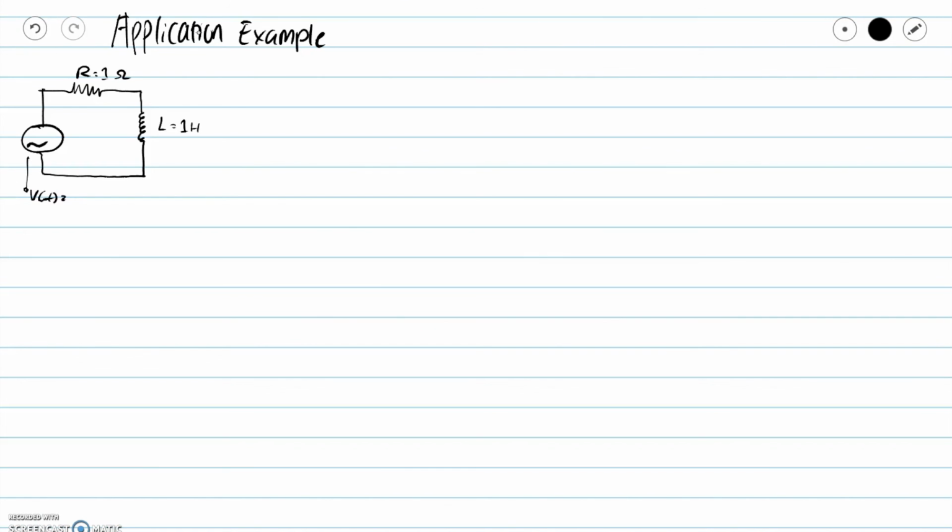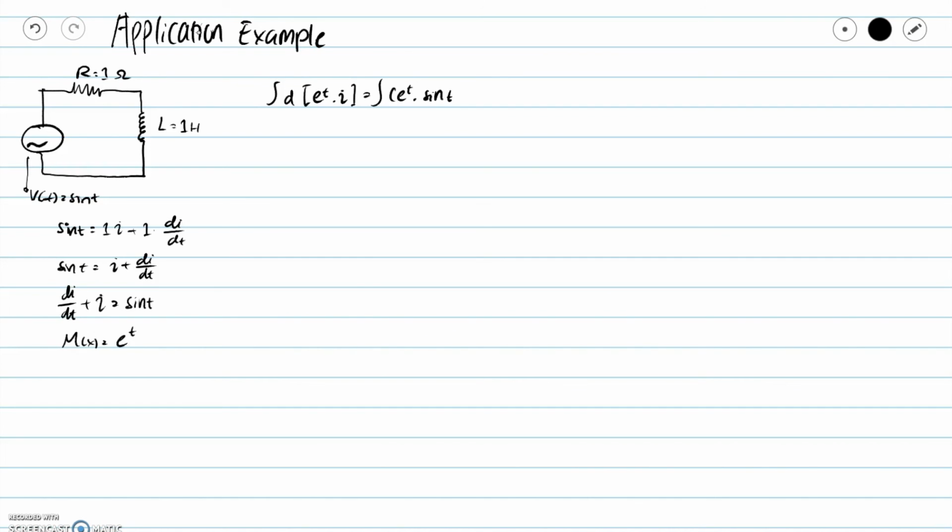The resistor has 1 ohm and V equals sine t and L equals 1 H. So we have the general equation: sine t equals 1 times I plus 1 times dI over dt. When we simplify, we will just get a linear equation and we will just solve it as a linear equation, which is rather simple.